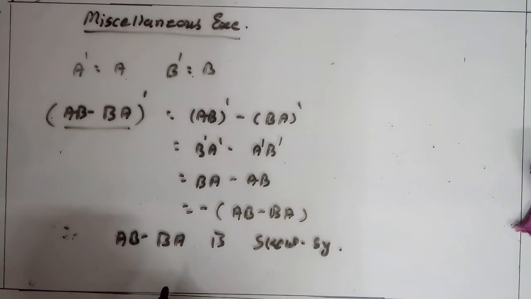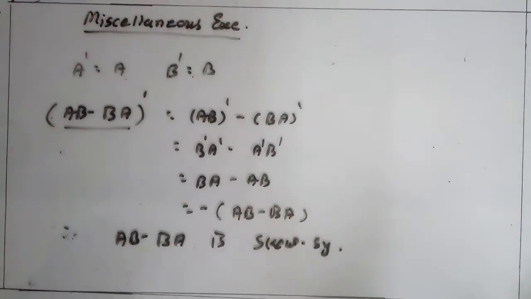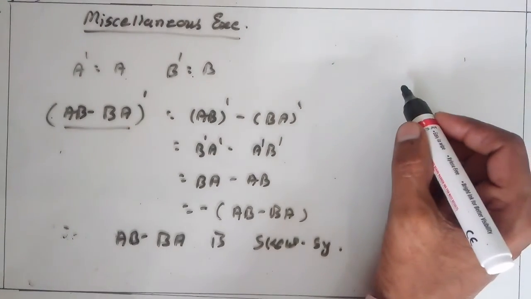Next, question 5. Show that the matrix B dash A B is a symmetric or skew symmetric matrix according as A is a symmetric or skew symmetric matrix. Just try to solve this question yourself. Now question number 6.